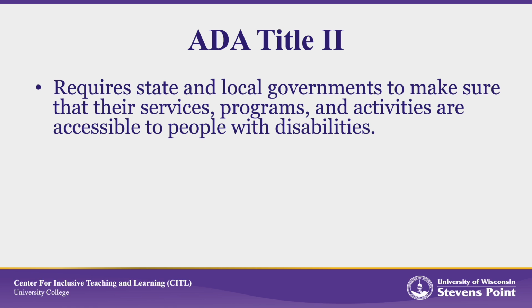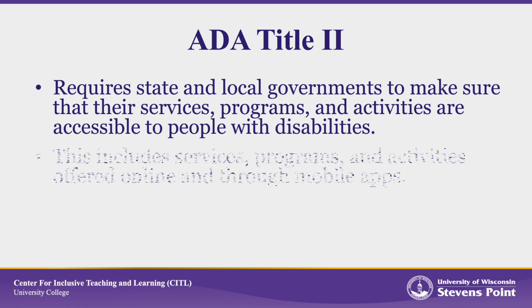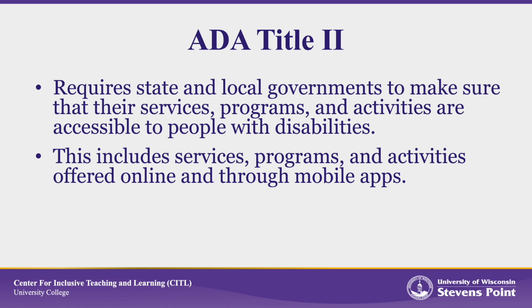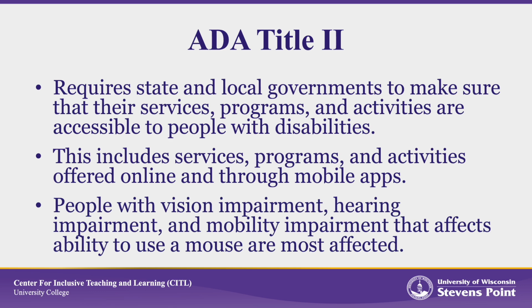This applies to programs, services, and activities that are offered by public entities like UWSP on websites or on mobile apps. While this impacts a diverse population, blind or vision impaired people, deaf or hard of hearing people, and people with movement disabilities that impact mouse-based navigation of digital resources are the folks that are most significantly impacted by inaccessible digital content.